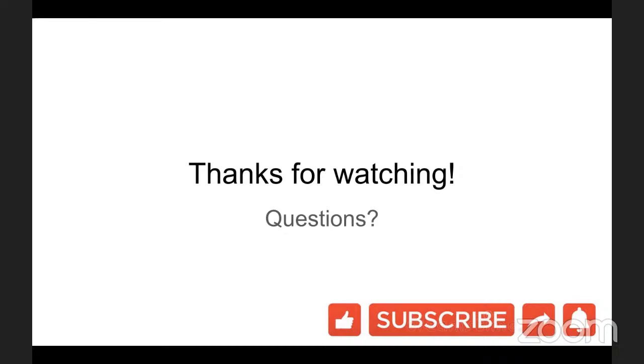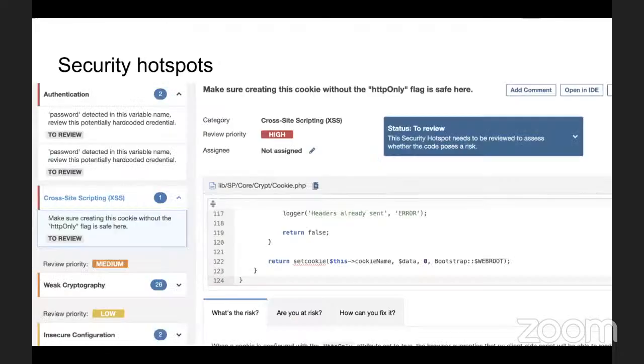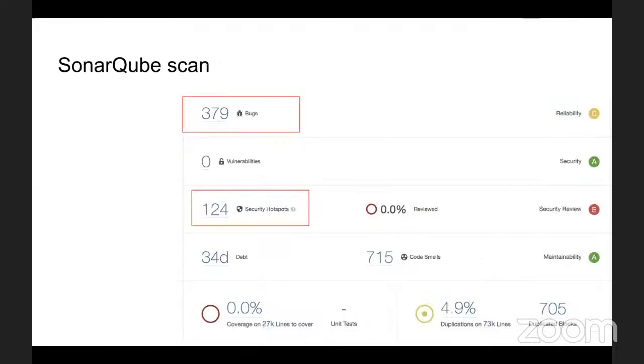What kind of tool do you use for security checking, if any? Actually, SonarQube has some checks for security, but it's not fully specialized in security. As you can see, there are security hotspots, which are checks done by SonarQube.